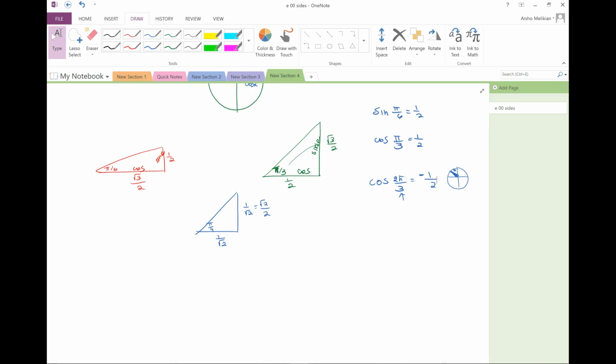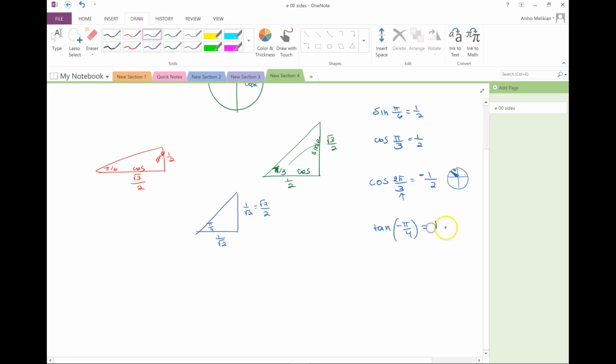Another one. What if I were to ask you for the tangent of negative pi over 4? This is a pi over 4, that's my blue triangle. Tangent is one leg over the other leg. In this case, it'll be a 1.